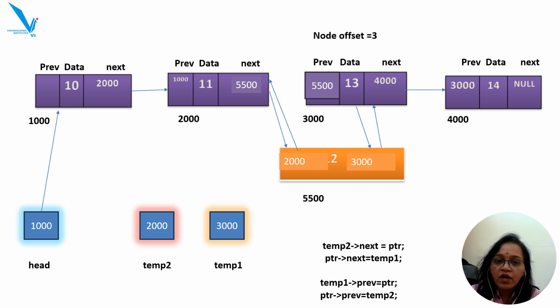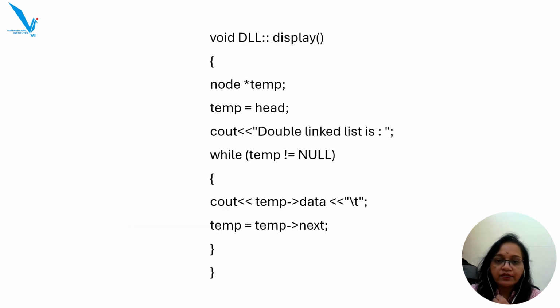But here also, in between the first node and second node there are two links, and in between the third node and fourth node there are two links. Okay, just for demonstration purposes I have shown all the links for the newly added node itself. So that is how we can insert a node in between a doubly linked list successfully.